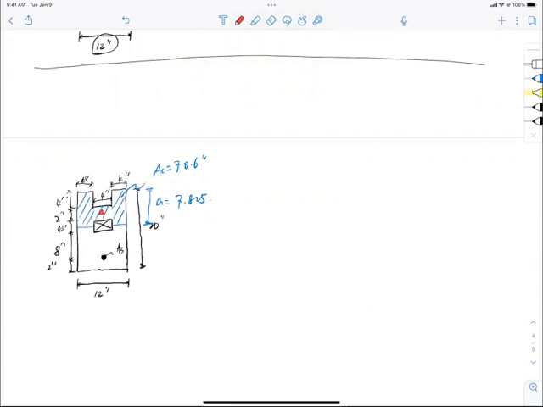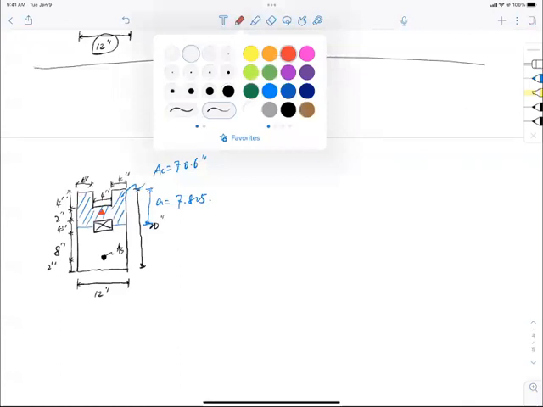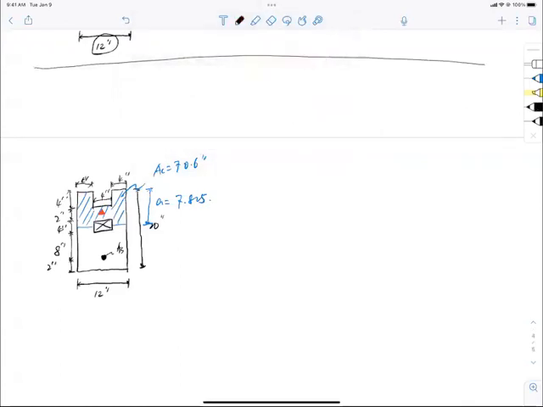But we can always go back to our old friend and define a distance between this centroid and the top edge of the section, and let me just call it y bar. So the job is to find y bar. The equation for y bar is sigma AiYi divided by sigma Ai, where AiYi is the so-called static moment, area multiplied by distance of each piece, divided by the total area.